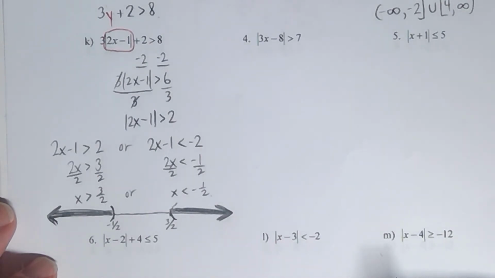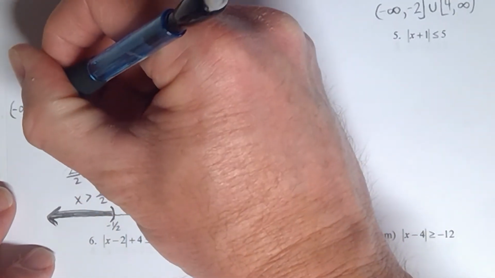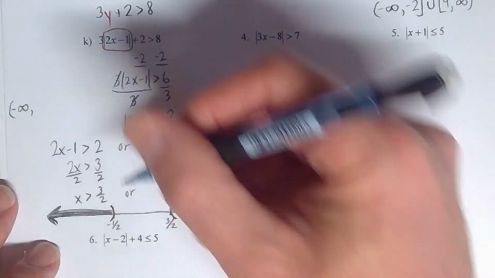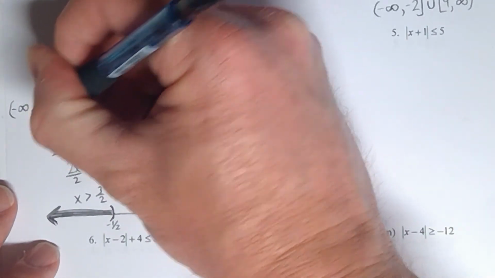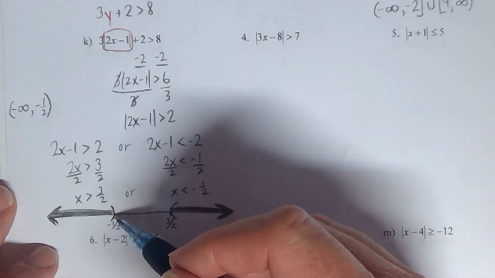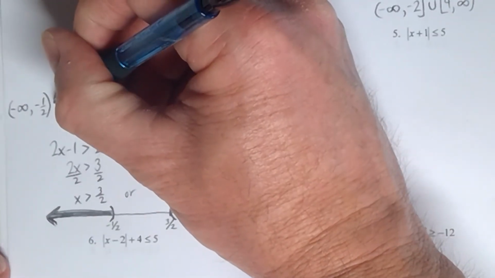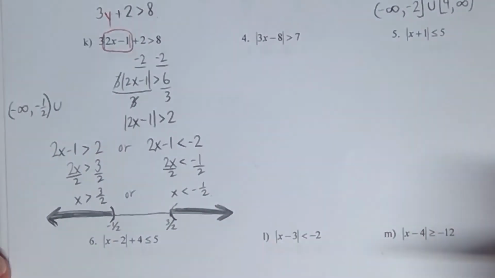And now I'm ready for the interval notation. Interval notation says negative infinity all the way up to -1/2. Close up that bracket there as the problem tells us to do. Then because it stops and starts back up again, we put the U right there.